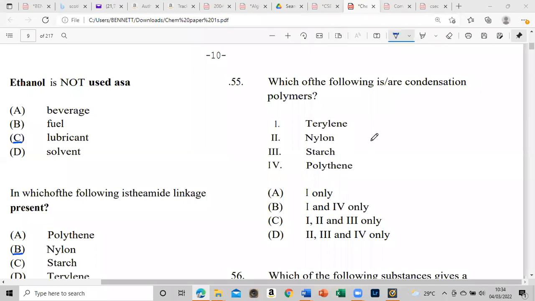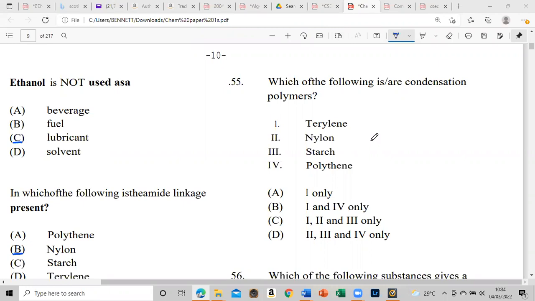All right. Which of the following are condensation polymers? Is it terylene, nylon, starch, polythene? The options are 1 only, 1 and 4 only, 1, 2, and 3 only, or 2, 3, and 4 only. All right.